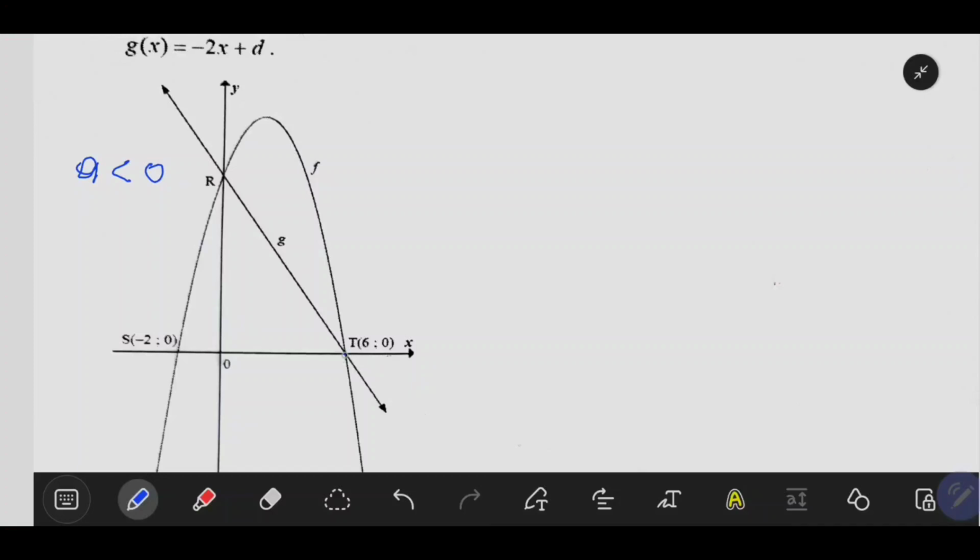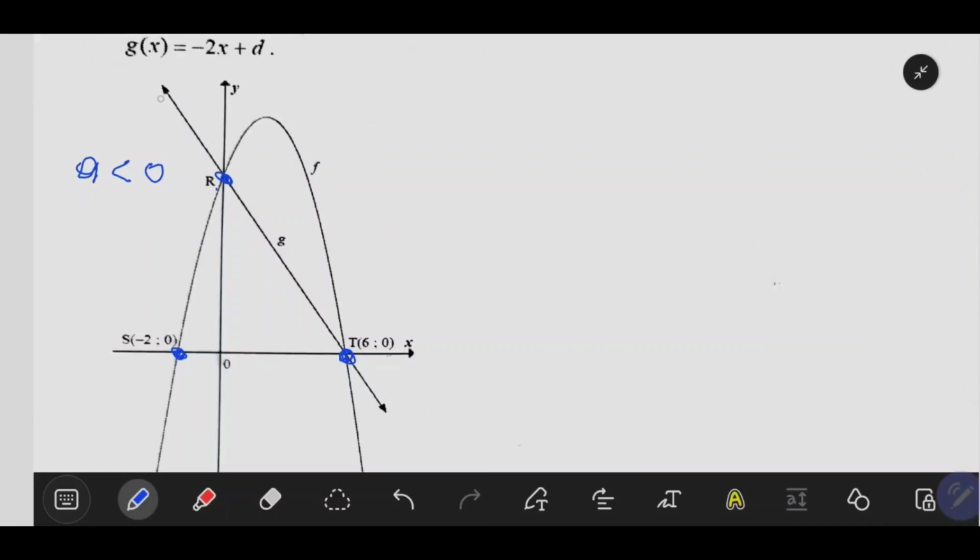We are given the x-intercepts, which are point t and point s. And the other point on this graph is point r. These are the points that lie on the function of f of x.